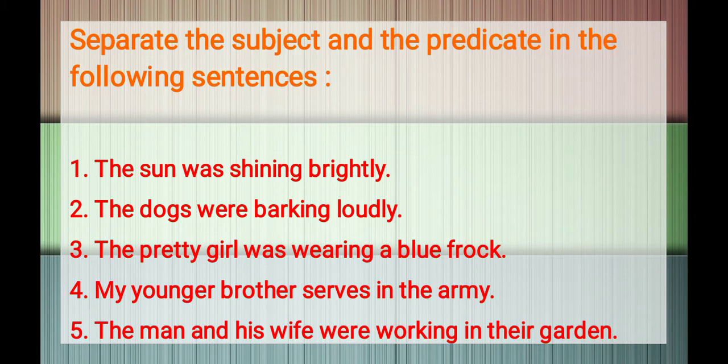That means the man and his wife, this group of words, is the subject and were working in their garden is the predicate. Students, it is not that the subject will be of only one word. It can be a group of words. Compound words or an expanded subject can also be there.